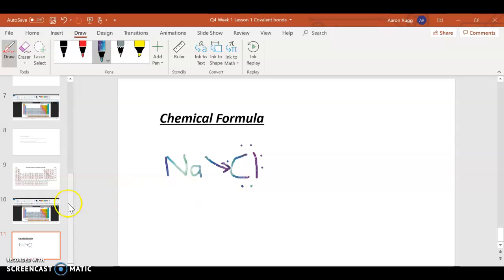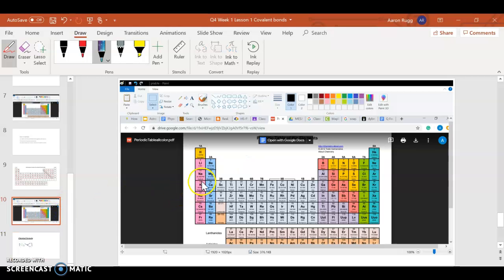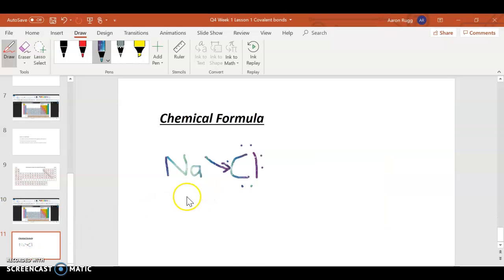When that happens, again, this is review, sodium, which has atomic number 11, which means it has 11 protons, now has one less electron than protons, which will give it a +1 charge. So it started with 11 positively charged protons and 11 negatively charged electrons. Now we have 10. That gives us the +1 charge.